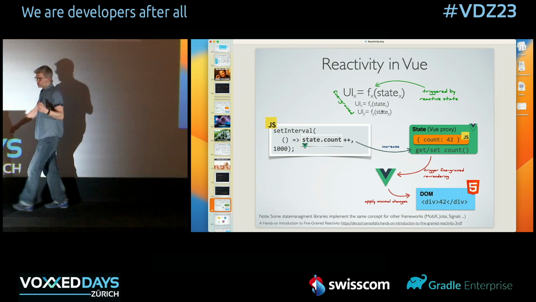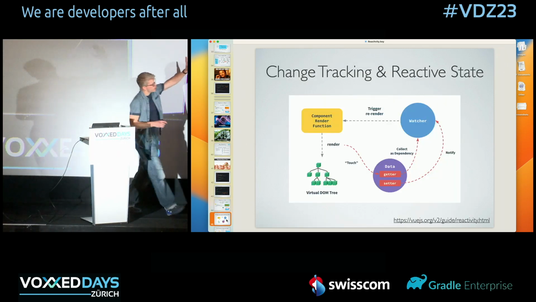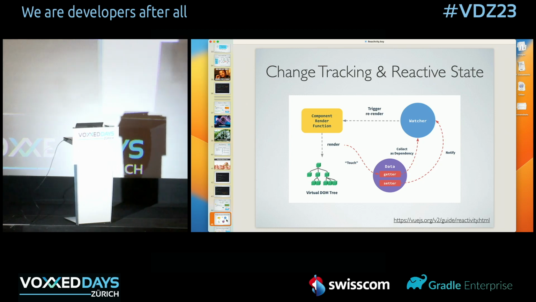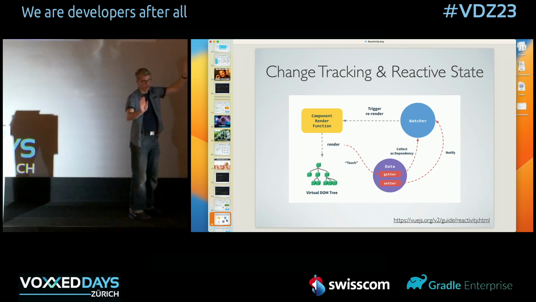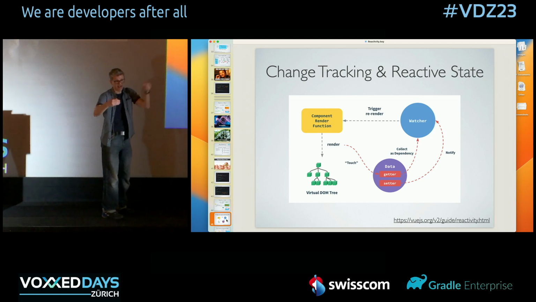How does Vue actually do that? Vue knows when a component is rendered, and Vue is in control of the reactive state. So when Vue starts rendering, it tracks who is accessing that reactive state. And by the access, it knows who is dependent on that state.